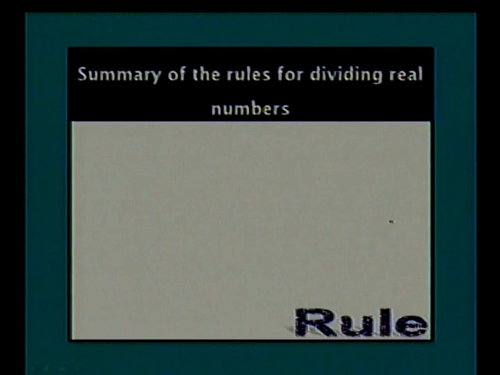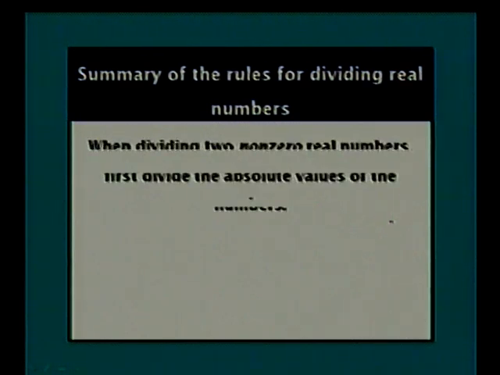The good news is that this will make the rules for the division of real numbers real easy, because we just went through understanding why the rules for the multiplication of real numbers behave as they do. So here's a summary of the rules for dividing real numbers. When dividing two non-zero real numbers, first divide the absolute value of the numbers.